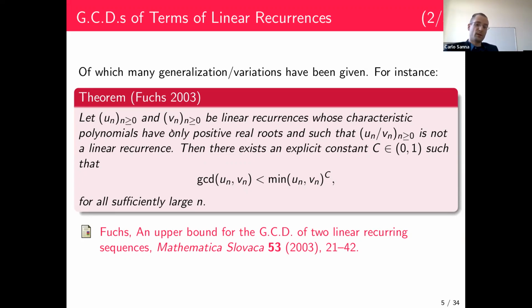However, we want these two linear recurrences to have characteristic polynomials having only positive real roots. And we also want that U sub n over V sub n is not a linear recurrence.